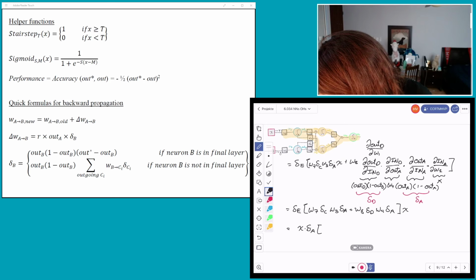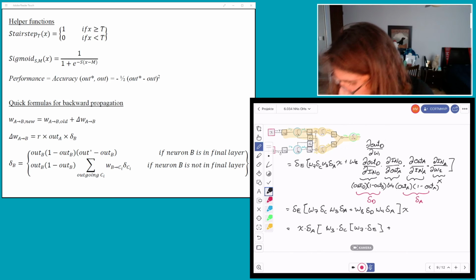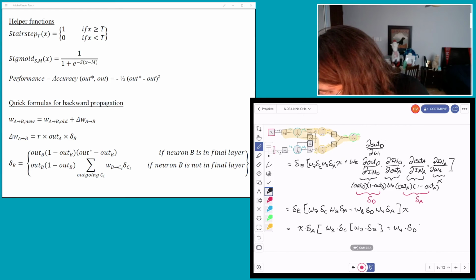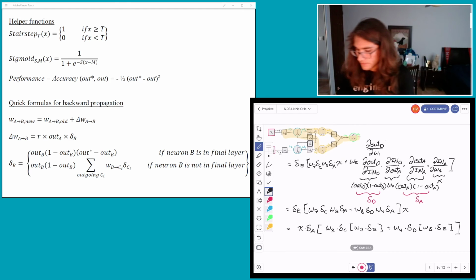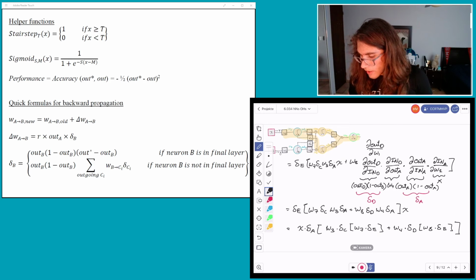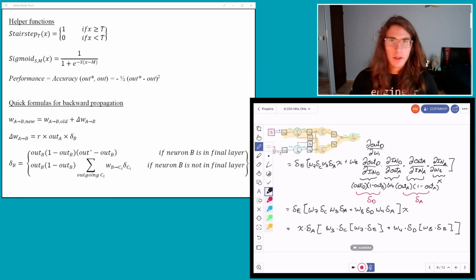And then this is going to be, let's see, W3 times delta C, and this then turns into W7 times delta E, plus W4 times delta D, and then that turns yet again into W8 times delta E. So it's not exactly one-to-one in terms of how the terms are defined, because of how I had to group them so that they would all fit on the canvas.